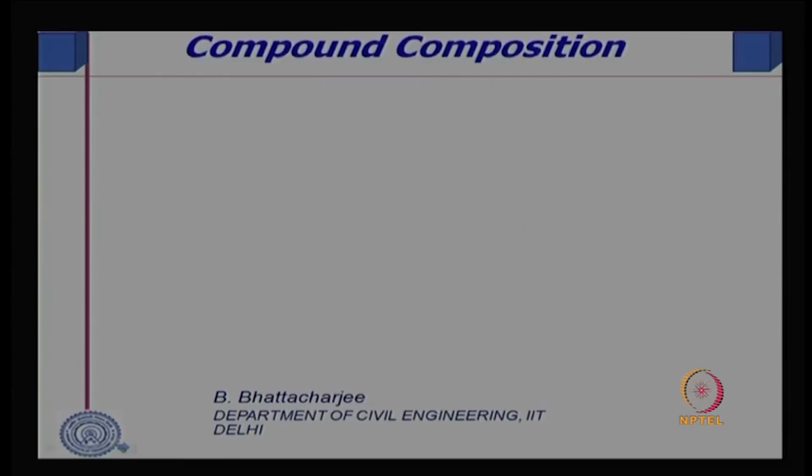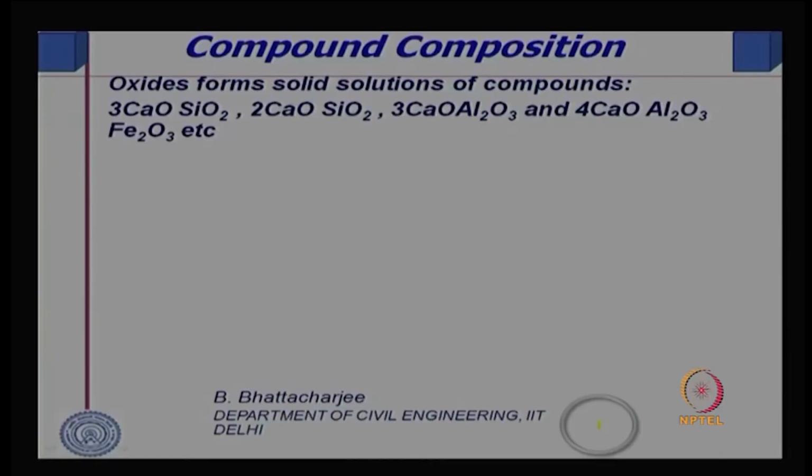Now, these oxides actually form solid solutions and form some compounds. While clinker formation occurred within the kiln because they were partially melted, the main compounds present in cement are recognized as, these are the solid solutions.